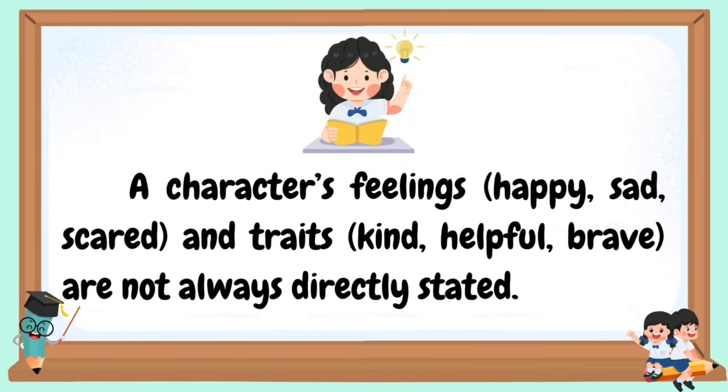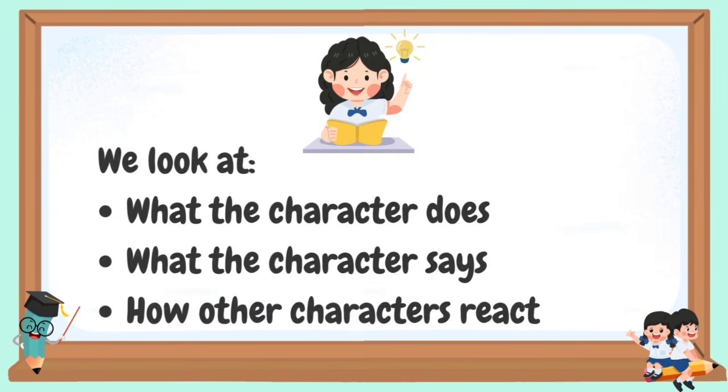A character's feelings, happy, sad, or scared, and traits like kind, helpful, brave, are not always directly stated. We look at what the character does, what the character says, how other characters react.